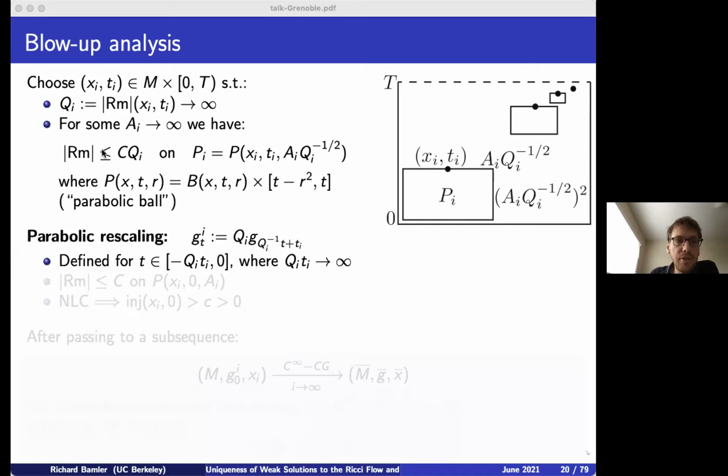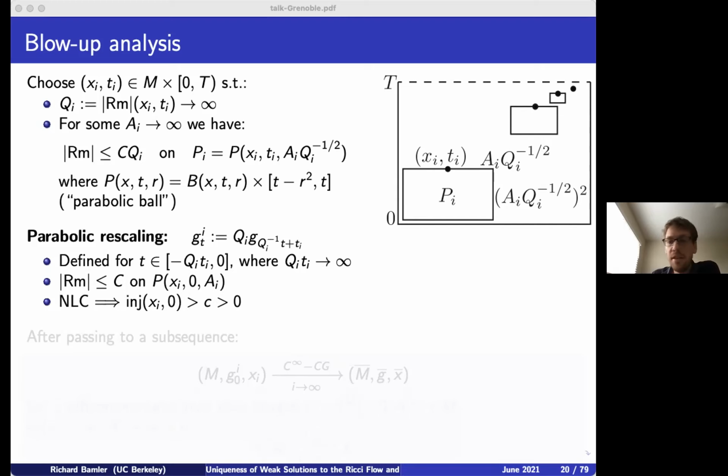Now this curvature bound means that after rescaling, I have an upper curvature bound on larger and larger backwards parabolic neighborhoods. And then I can apply the no local collapsing theorem. Since I have an upper curvature bound, the no local collapsing theorem implies a lower injectivity radius bound at the base point. So I have an upper curvature bound on larger and larger parabolic balls, and a lower injectivity radius bound.